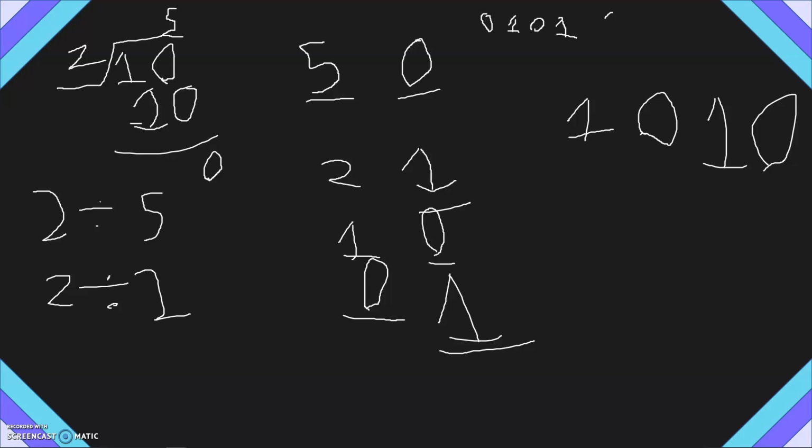Now let's learn how to interchange from binary to decimal. Say we had that same number, 1, 0, 1, 0, and we want to change it to decimal form. We already know that this is 10 in decimal, so that's how we can check our answer by converting it backwards.